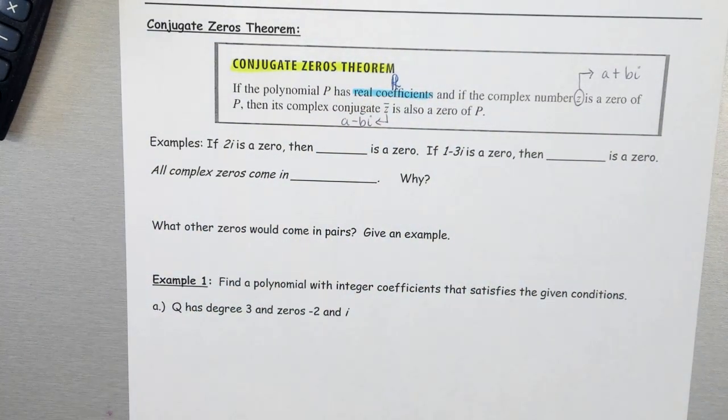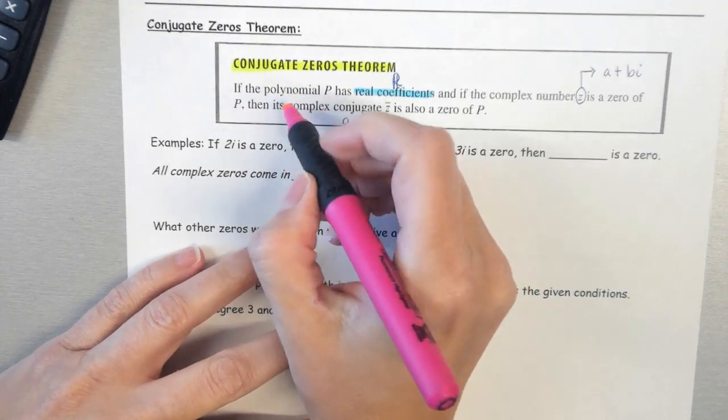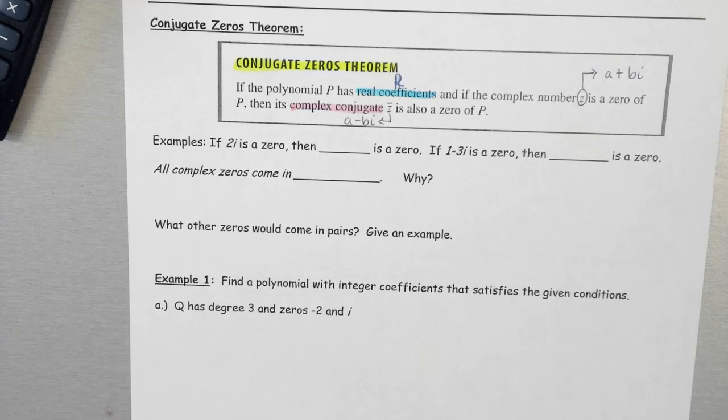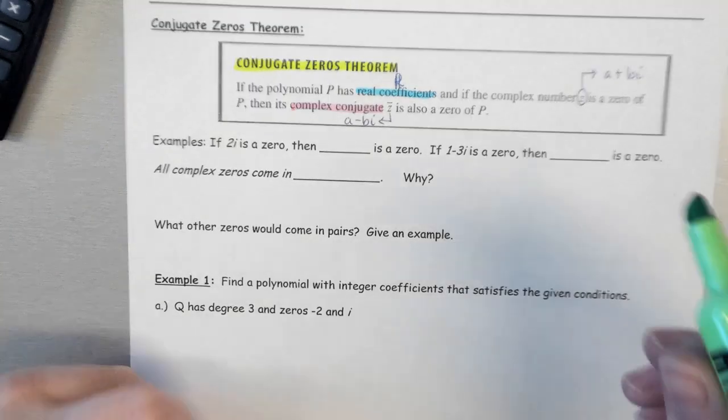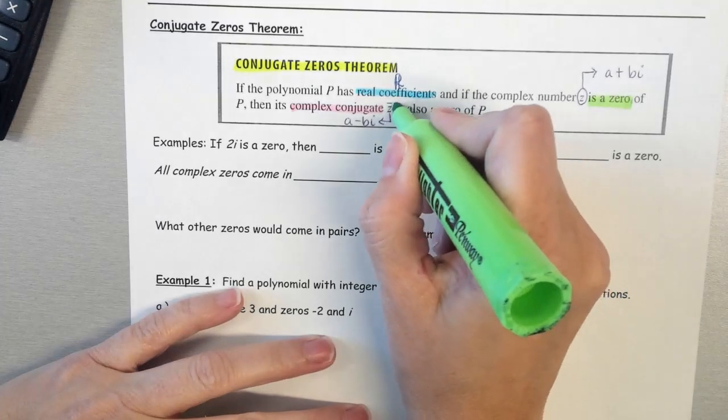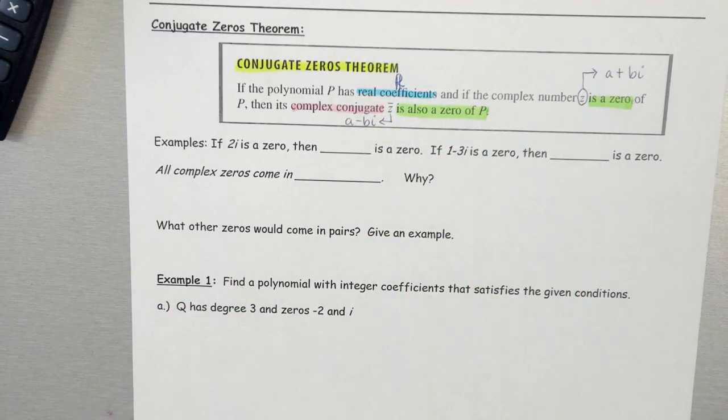So you have a complex number and then you have its complex conjugate. So if that is a zero, then the complex conjugate is also a zero. If A plus BI is a zero, A minus BI is also a zero.